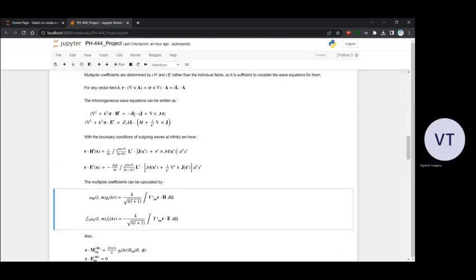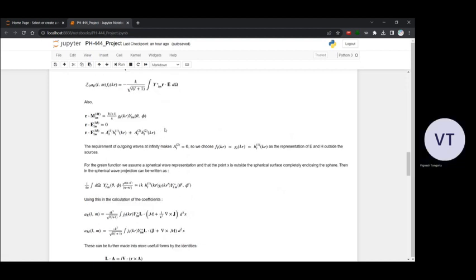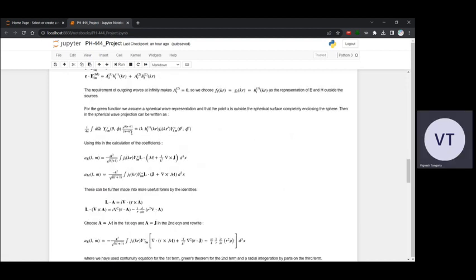And then to find this value, we also need to replace e to the power ik|x - x'| by an expansion in x and x'. To do that, we will use the spherical wave projections from the spherical harmonic function, where we can use this property of the spherical harmonic function multiplied by e to the power ik|x - x'| to give us this value.